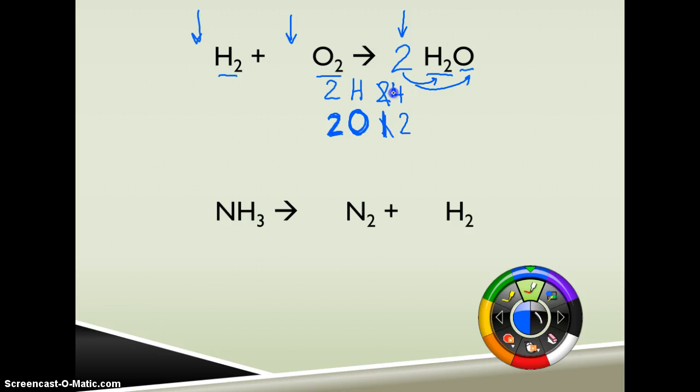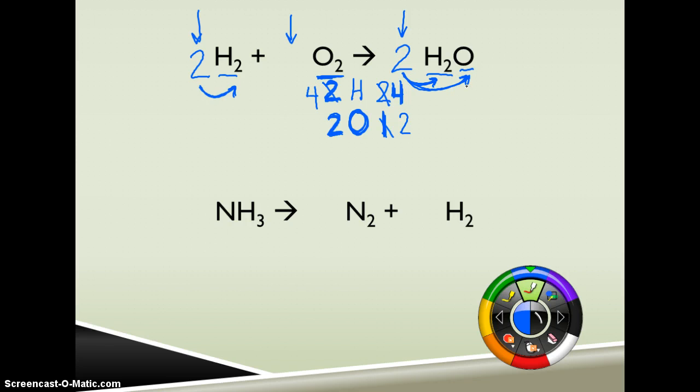If we have 4 on our product side and 2 on our reactant side, we need something to multiply by 2 to get 4, and that's going to be 2. So 2 times 2 is 4. So now our reaction is balanced. We have 2 times 2 is 4 hydrogen, 2 times 2 is 4 hydrogen, 2 oxygen, 2 times 1 is 2 oxygen. So that one is balanced.